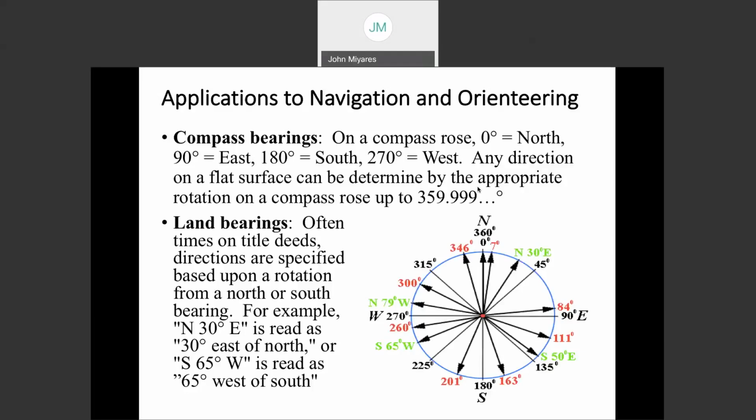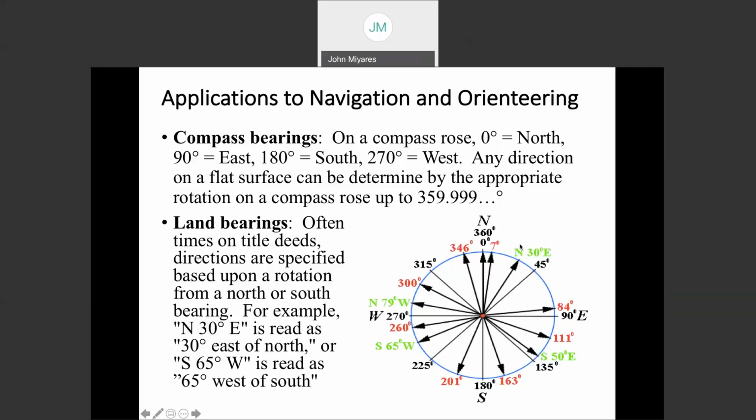For land bearings, they typically don't use the 0 to 360 scale, but rather the bearing will specify how many degrees one is east or west of a north-south line. So for example, if you were to see the expression N 30 degrees E, that will translate into 30 degrees east of north, which is marked by this green segment here.